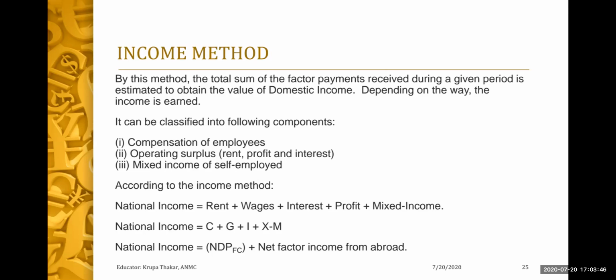Now, depending on the way the income is earned, it can be classified into compensation of employees, operating surplus like rent, profit, and interest, and mixed income of the self-employed. So according to the income method, we can calculate national income as rent plus wages plus interest plus profit plus mixed income, or C plus G plus I plus X minus M. And when we are calculating the national income, we use net domestic product at factor cost plus NFIA.